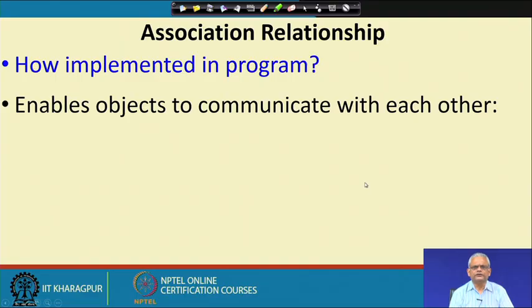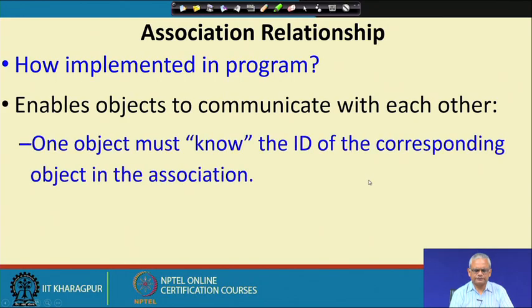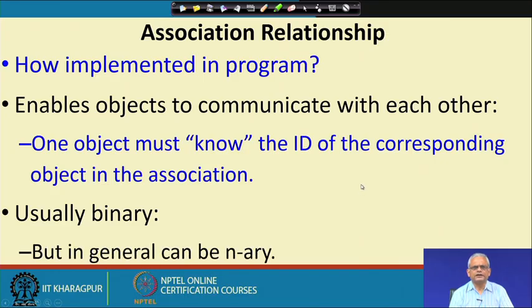One class can invoke the methods of another class, but to be able to invoke the method of another object, the object must somehow store the ID of the other object, otherwise how will it invoke the method of the other class, and that holds the idea of how to implement an association relationship. We will soon look at that. The association relationship is usually binary, but it can be a higher degree association like ternary, or in general can be n-ary.